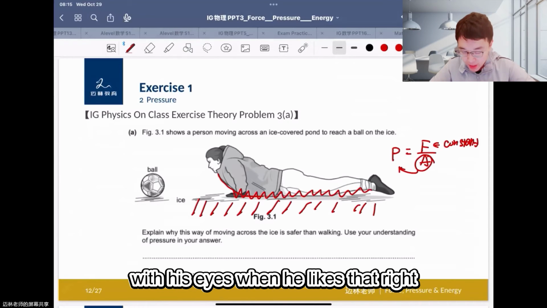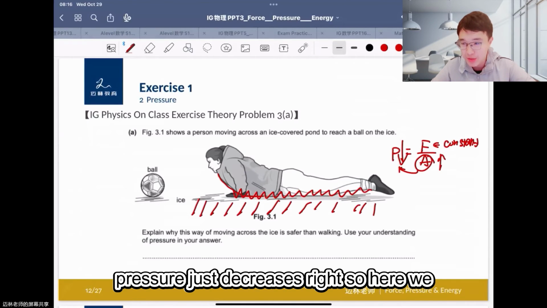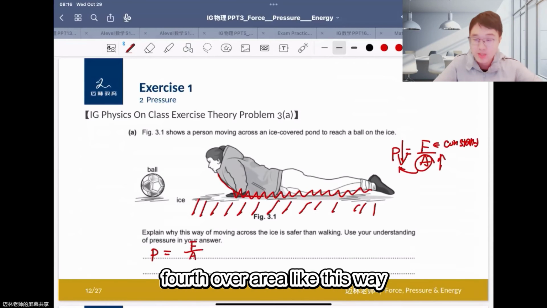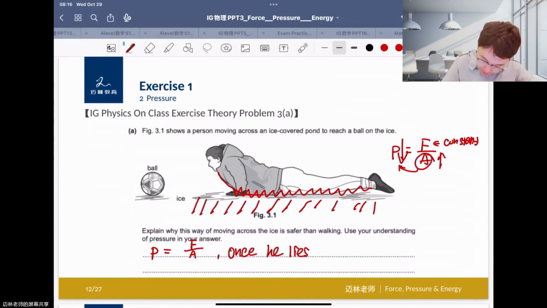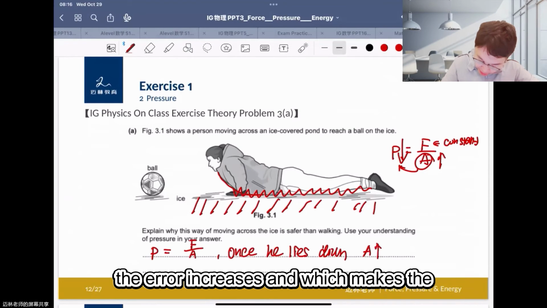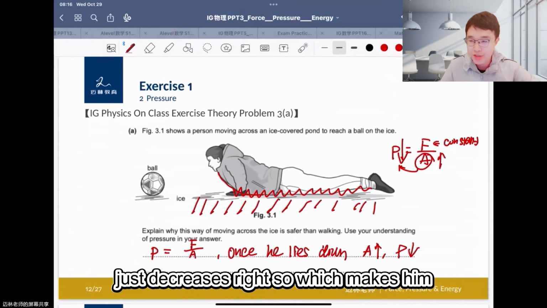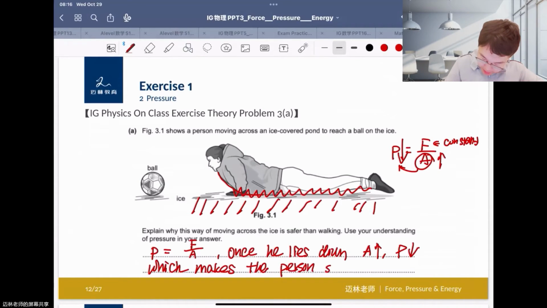Once the area increases, the pressure decreases, which makes the pressure on the ice decrease, and makes him safer on the ice.